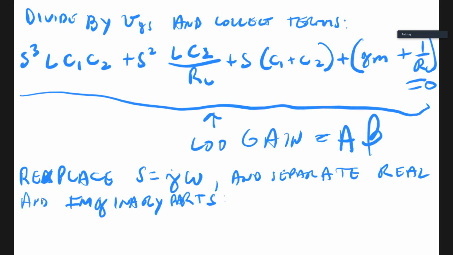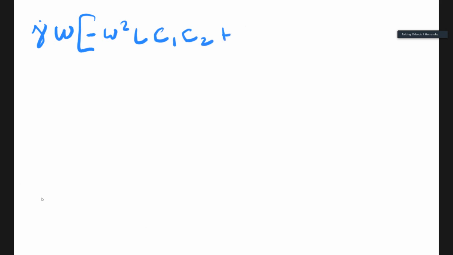When we do that, we get j omega times minus omega squared L C1 C2 plus C1 plus C2.